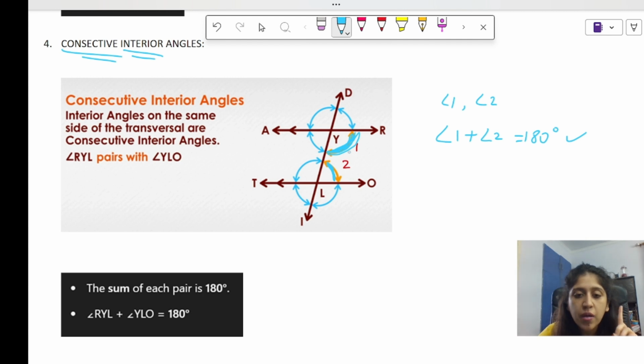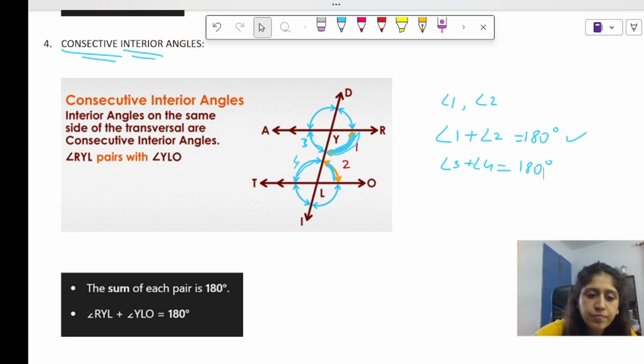I hope you are able to see where the consecutive interior angles are. And angle 3 and angle 4, they are also consecutive interior angles, and their sum is also 1. I hope the concept is clear.